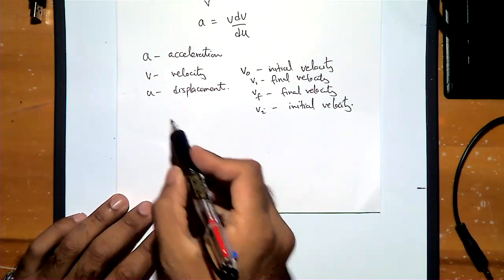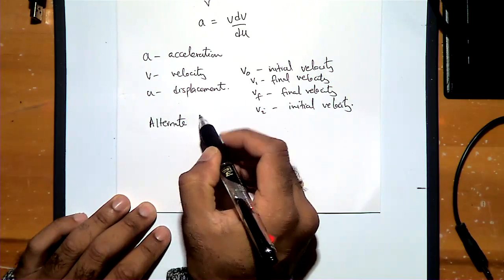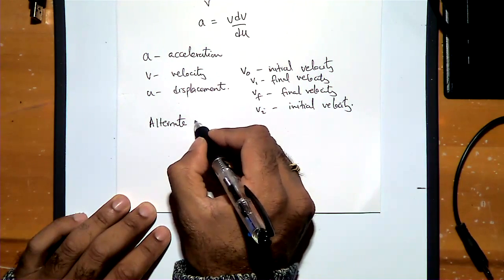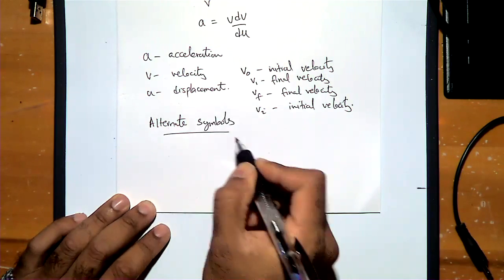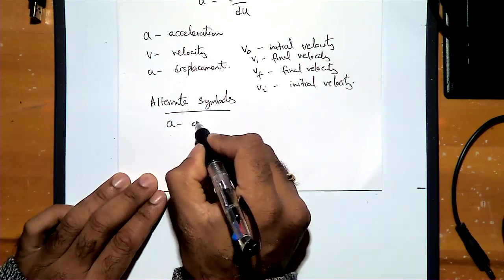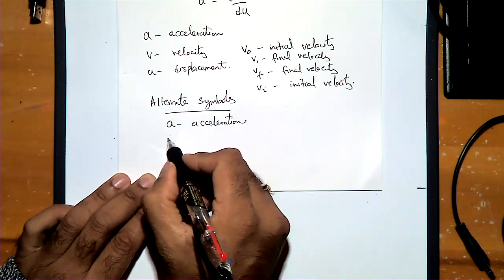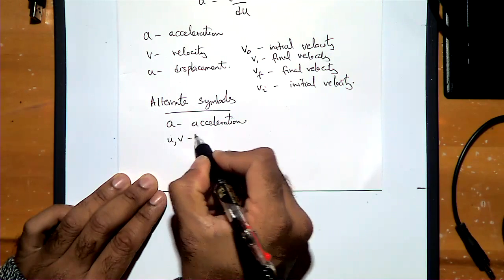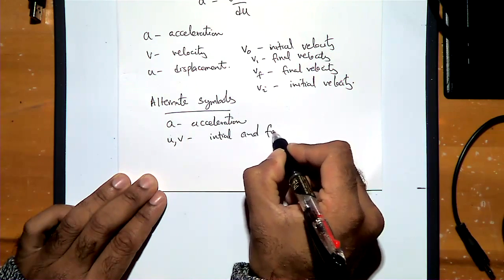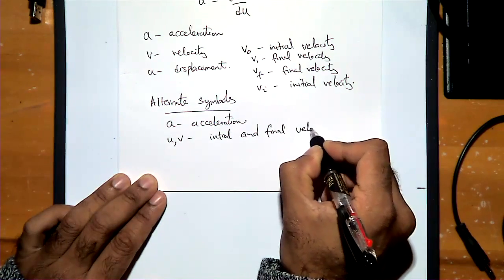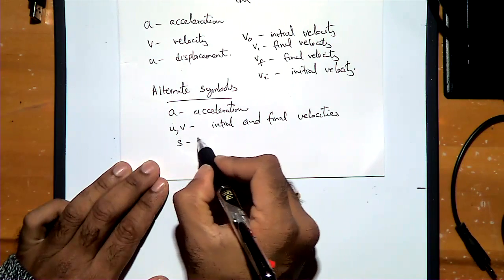But another alternate set of symbols that I want to mention here: A is still acceleration, U and V are initial and final velocities, and S is displacement.